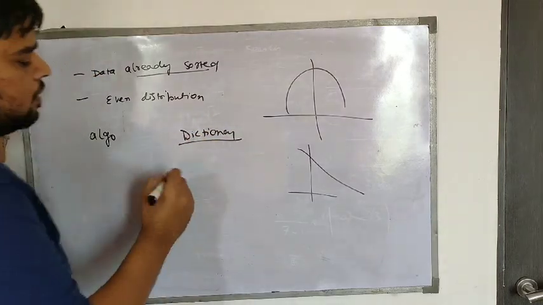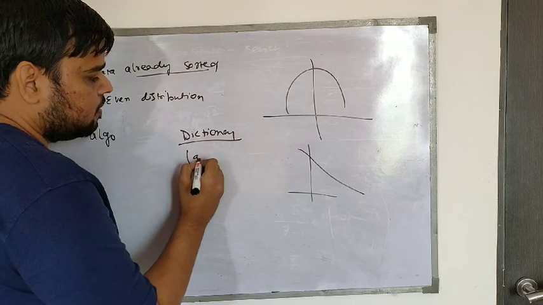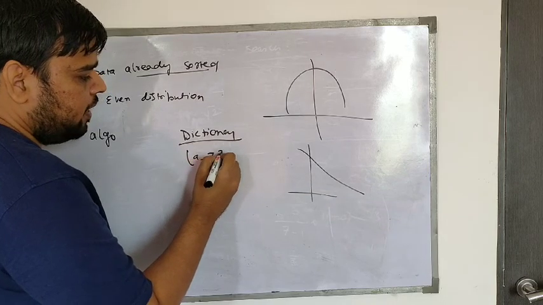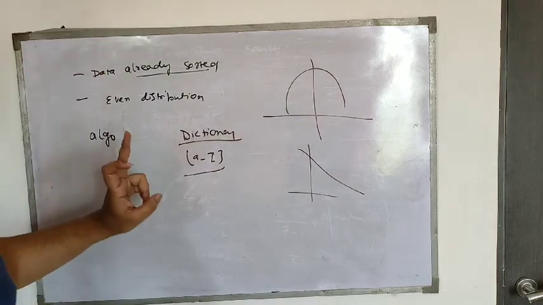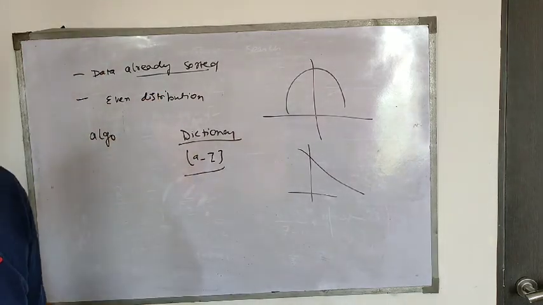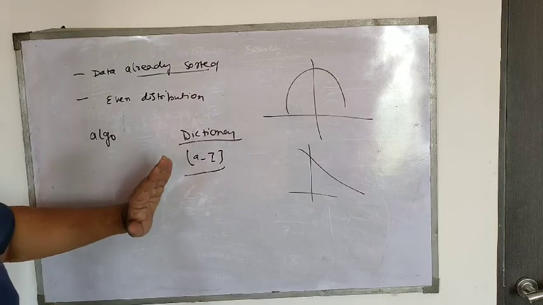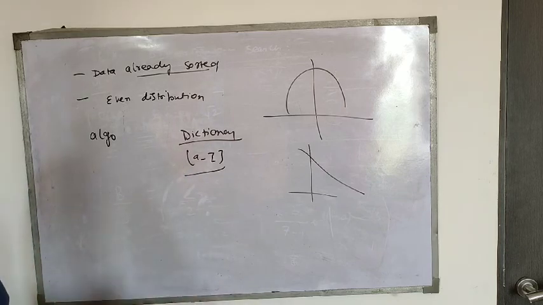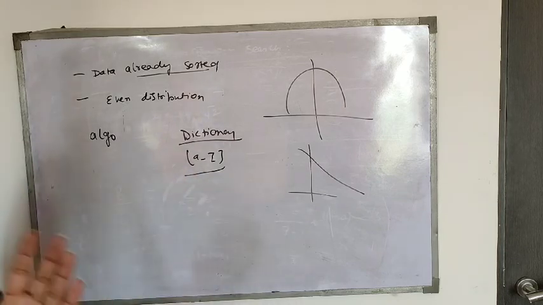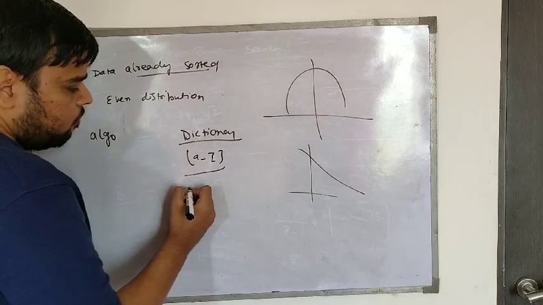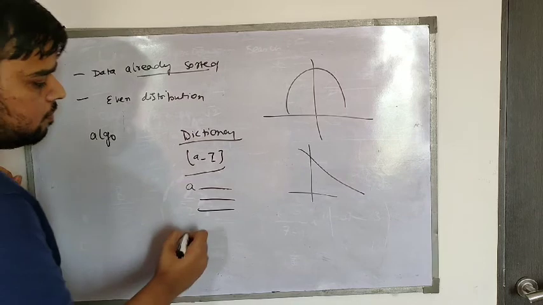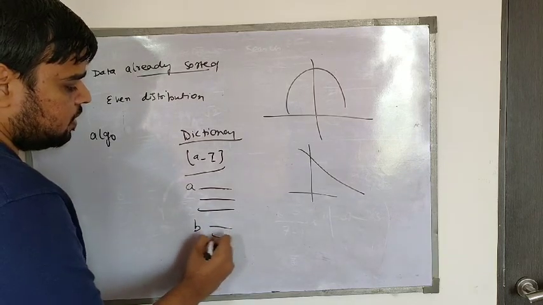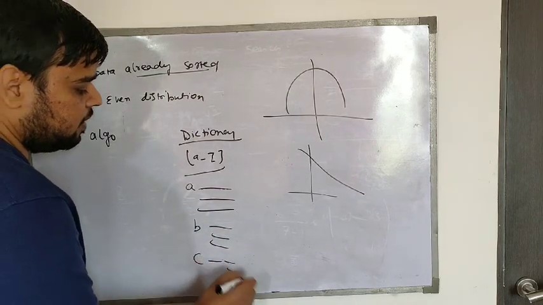You know that all the dictionary words fall in the range A to Z and they are evenly distributed. All the words starting with A come first, then all the words starting with B come second, then all the words with C come third, and so on.